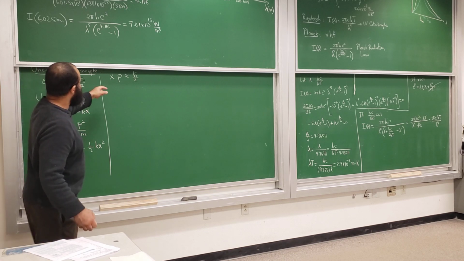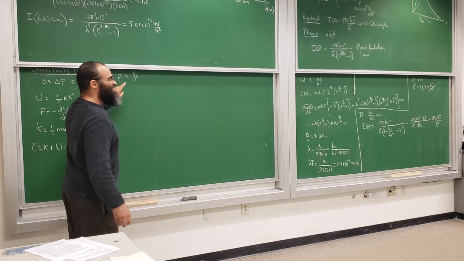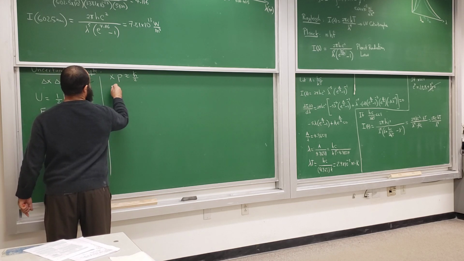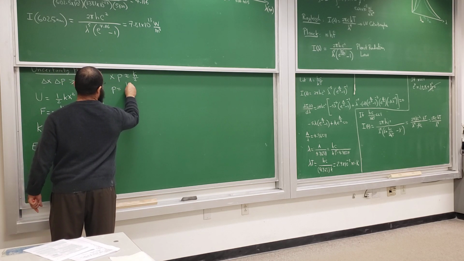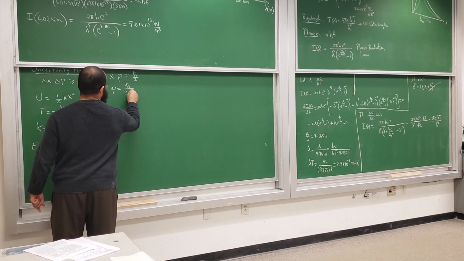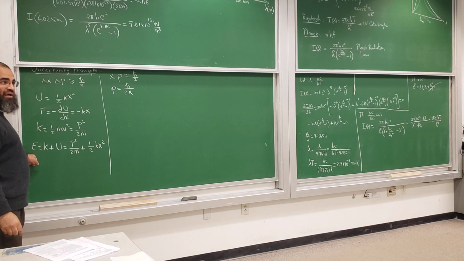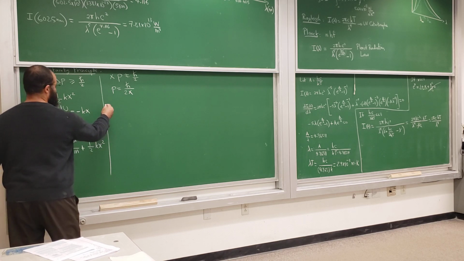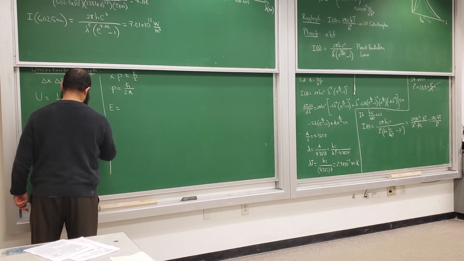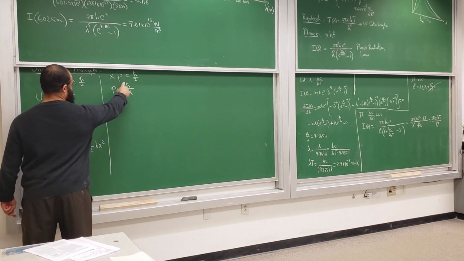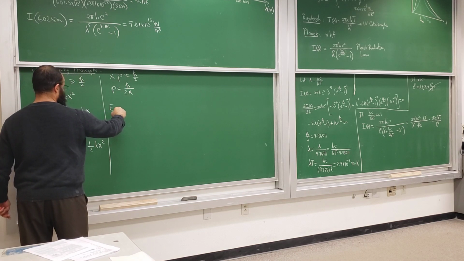Anyways, so p is going to be basically h bar over 2x. We're going to plug it in, and we want to find the x that minimizes the total energy. So E is going to be p squared. Here's p, we square it. What do we get?